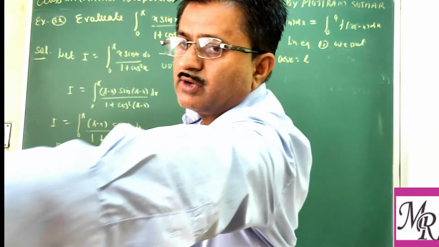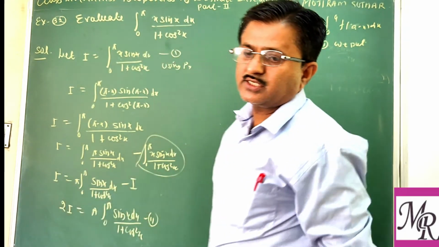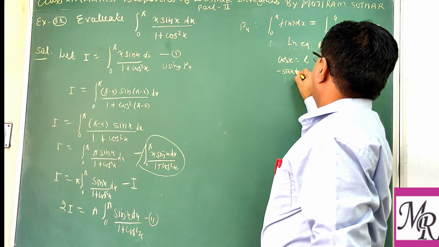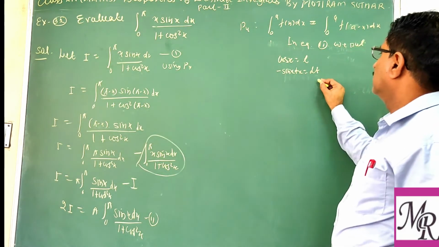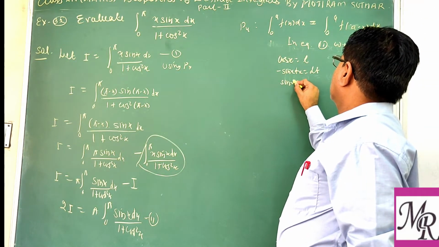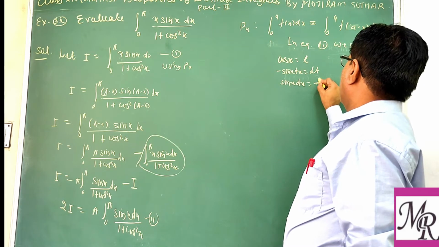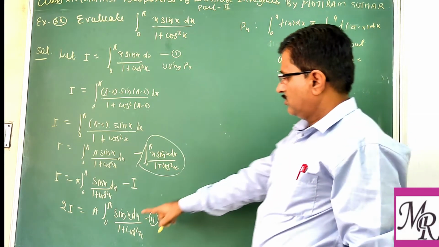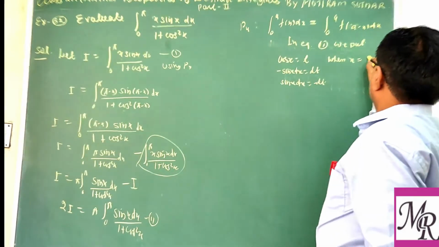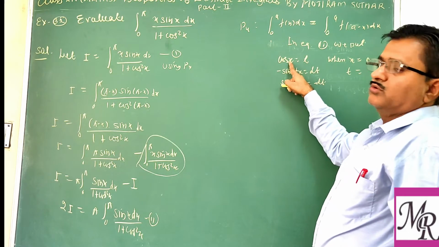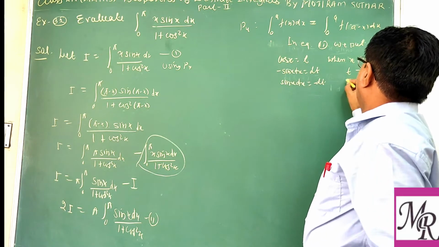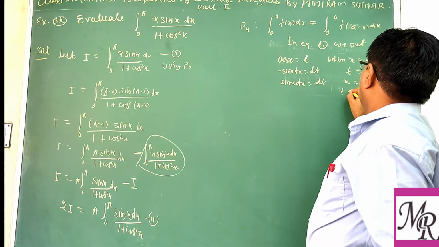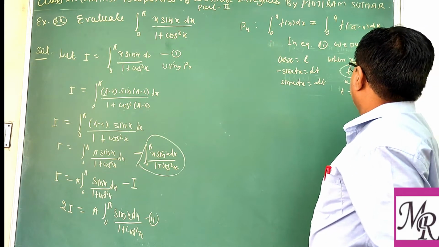So its derivative, minus sin x dx, equals dt, or you can say sin x dx equals minus dt. We also change the limits: when x equals 0, t equals cos 0, which is 1, and when x equals pi, cos pi is minus 1. So this is the new limit.